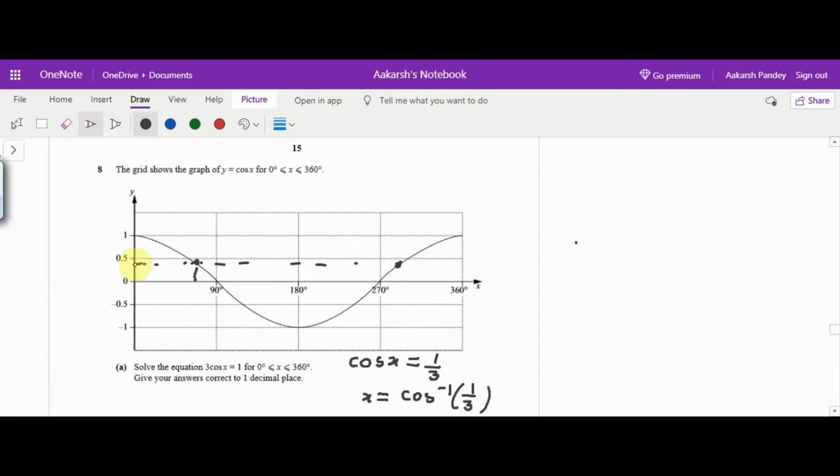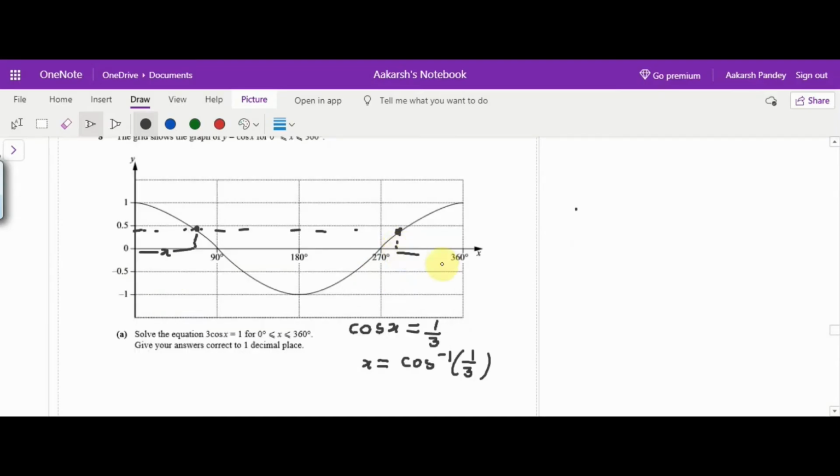When you look at this closely, you will see that this distance from 0 to x, this much is x. So this distance from this second value till 360, this is also x. So if the first value I take as x, now this second value, let that be y.